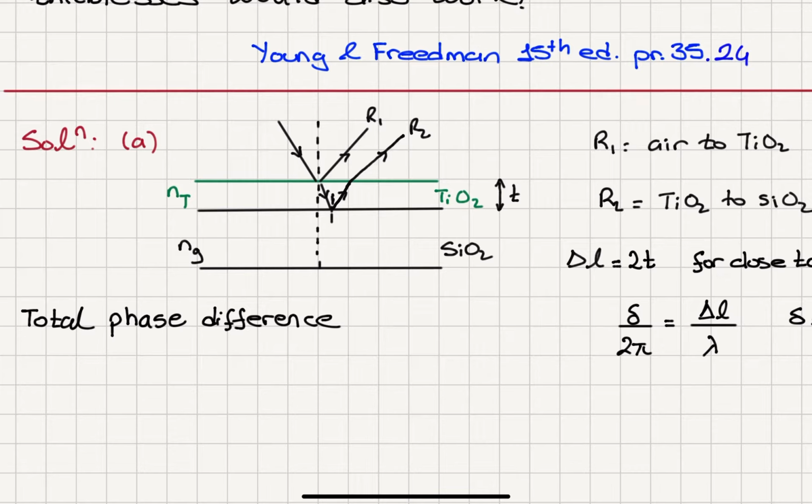So the total phase difference that develops between the rays 1 and 2 will be equal to pi due to the reflection from a low index to high index of refraction interface. And then we have 2 pi over lambda, but lambda in which medium? Lambda inside the titanium oxide medium, multiplied by the path difference 2t.